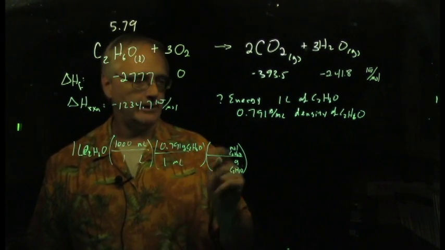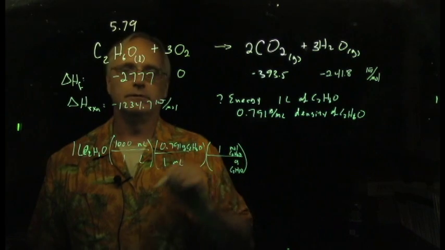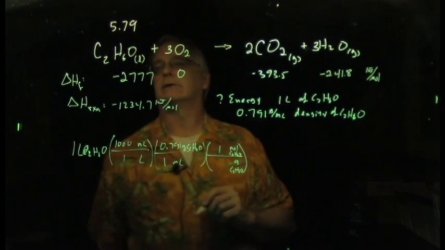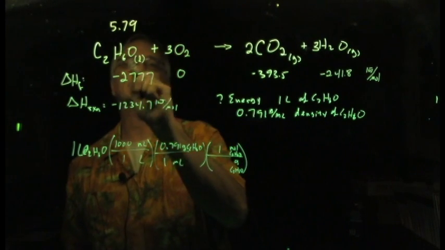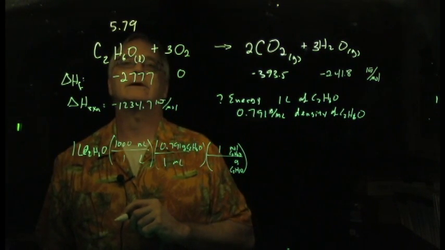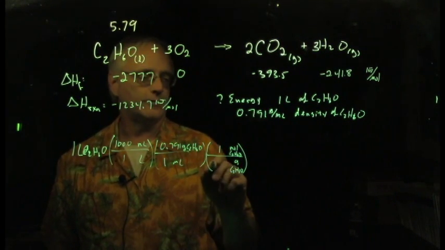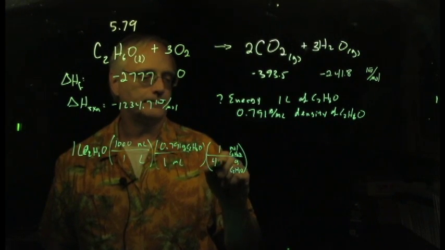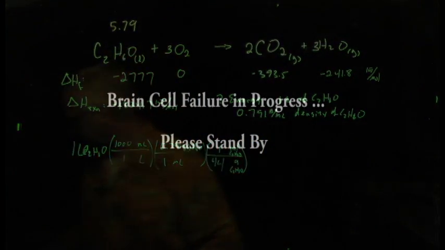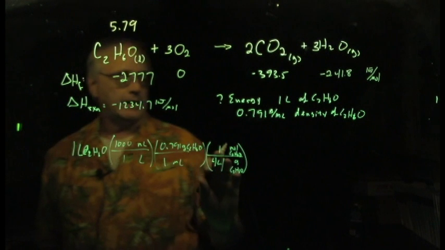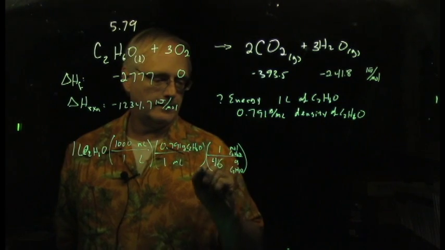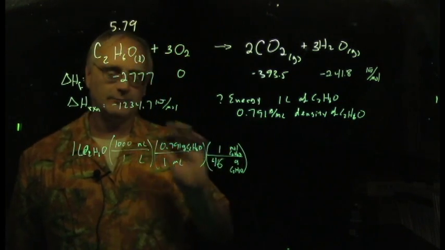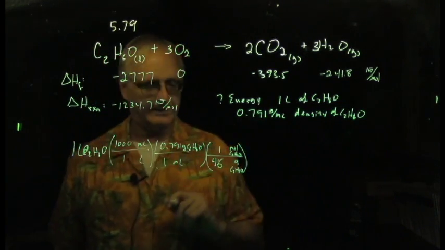And so the molecular weight of this thing, 1 mole of this is, oh gosh, I don't think I had that in my head. 12, 24, 34, 38, 42, 43, 44 grams per mole. And I'm going to check that. It's a good thing I did because it's 46 grams per mole. I could have done that old, oh look over there, but no, I screwed that up. But I got to take care of it.